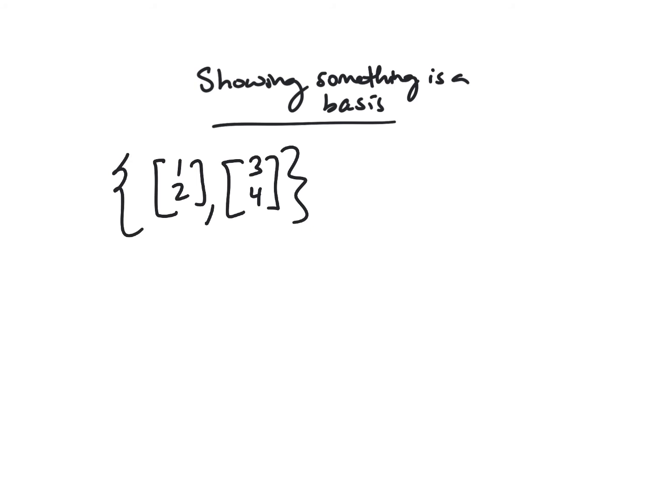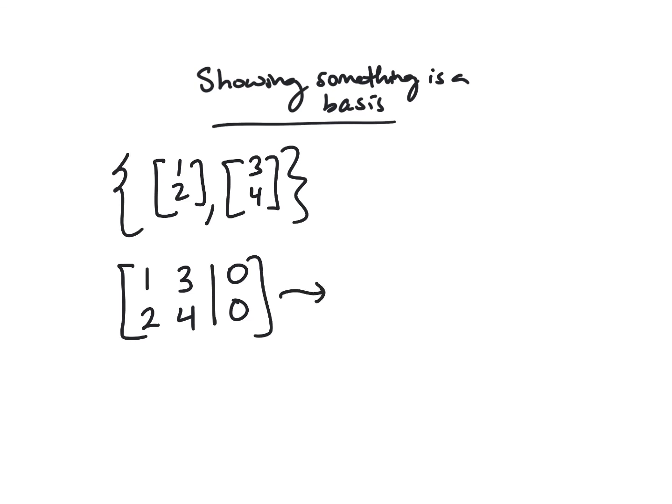Now, linear independence is pretty easy here, right? Because I only have 2 vectors, and thus I know I'm only looking for whether one is a multiple of the other or not. Here they're not, so it is going to be linearly independent. However, the general process is to solve the homogeneous system and see if the only solution is the trivial one, that is, the one where all coefficients are 0.